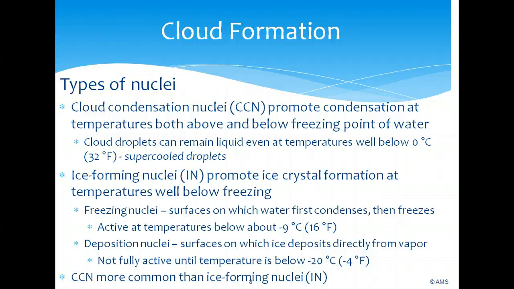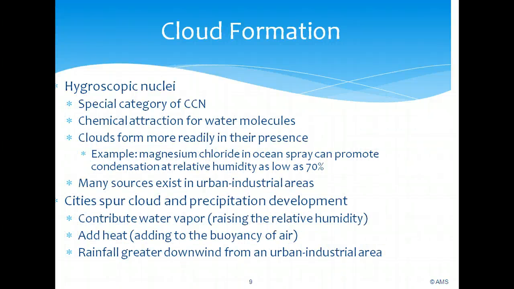Ice-forming nuclei, or IN, are much less common than the CCN, and promote formation of ice crystals only at temperatures well below freezing. Hygroscopic nuclei are a special category of condensation nuclei, and they have a special attraction for water molecules because they're composed of magnesium chloride, a salt in sea spray that can promote condensation at a relatively low humidity, even as low as 70%.